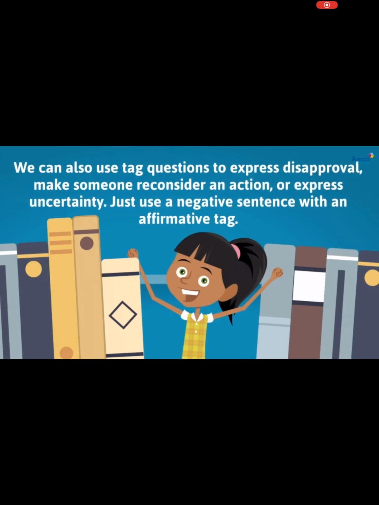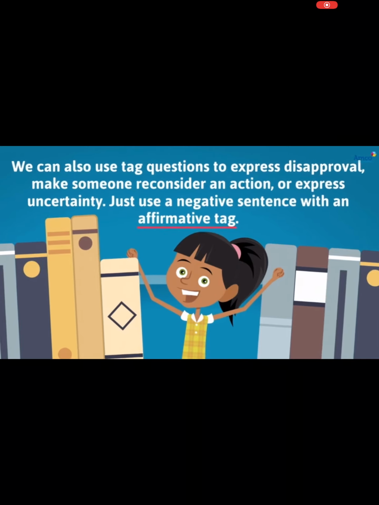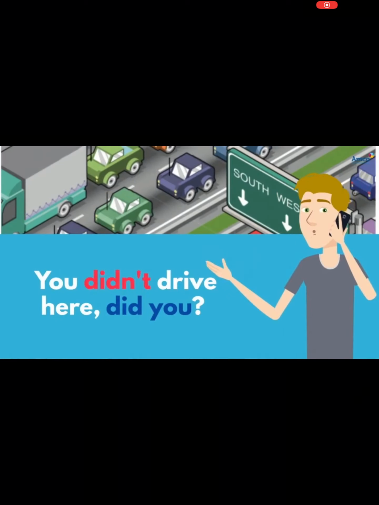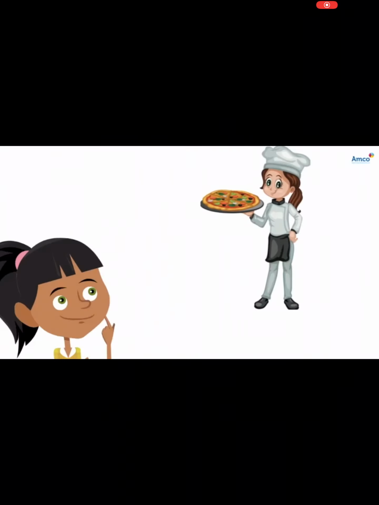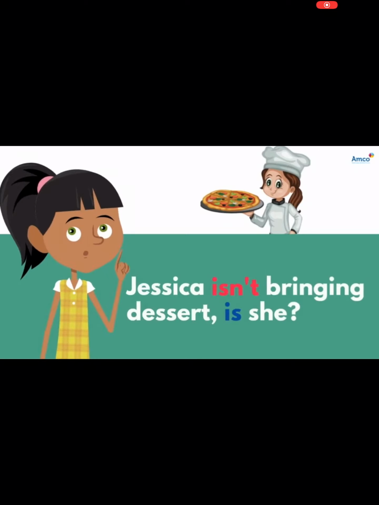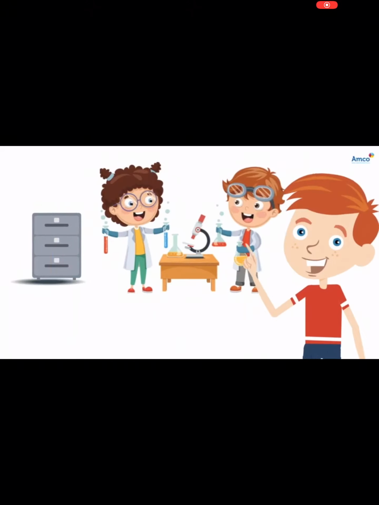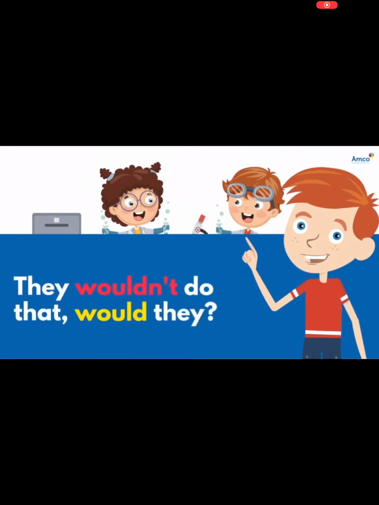Just use a negative sentence with an affirmative tag. You didn't drive here, did you? Jessica isn't bringing dessert, is she? They wouldn't do that, would they?